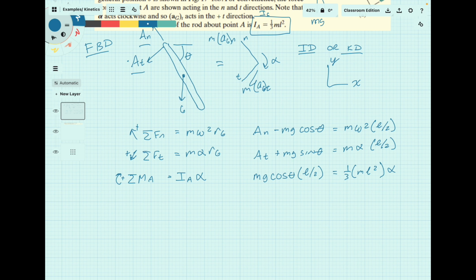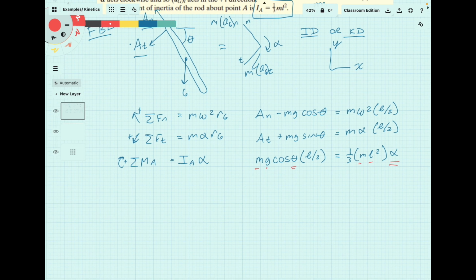And then alpha is not constant because it does depend on the rotation of the bar. If we look at that last equation there, where we've got alpha right there, L is constant, M is constant. So the only variable there is theta, and theta is not constant. So since theta is not constant, alpha is not either. So that's where we kind of prove that we have to integrate this equation.